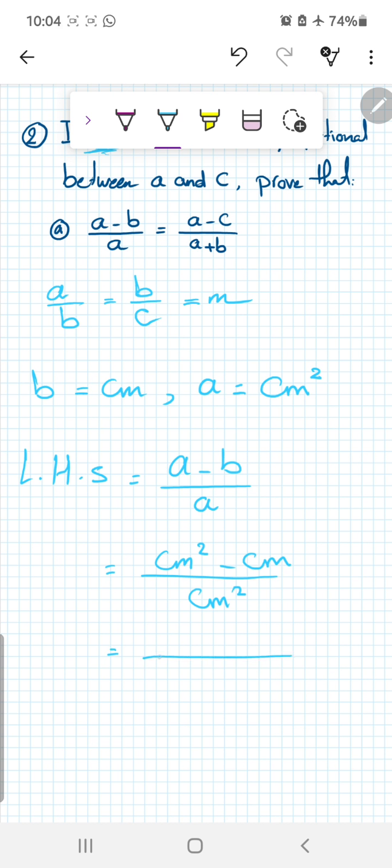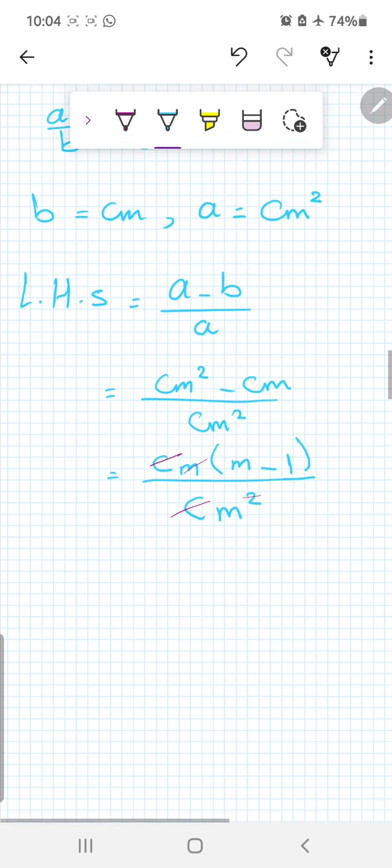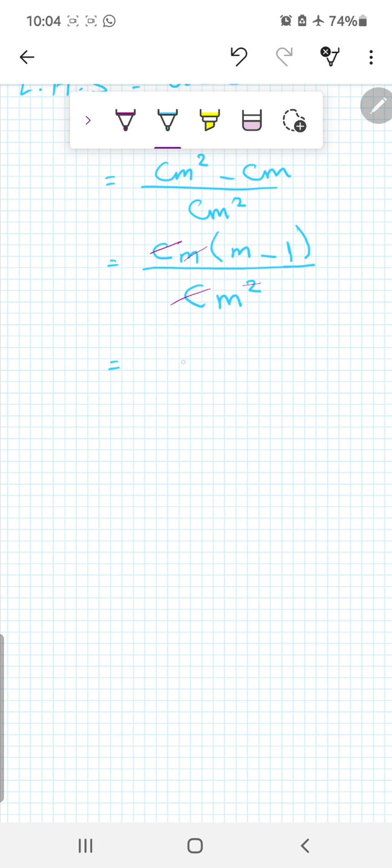Here we have C as common factor, and M power 2, M: take the smallest power, which is M. We get M minus CM divided CM equals 1. Don't forget to write 1. And over CM power 2. Cancel C with C. Here we have M with 1M. So first we have M minus 1 over M, and let it be number 1.